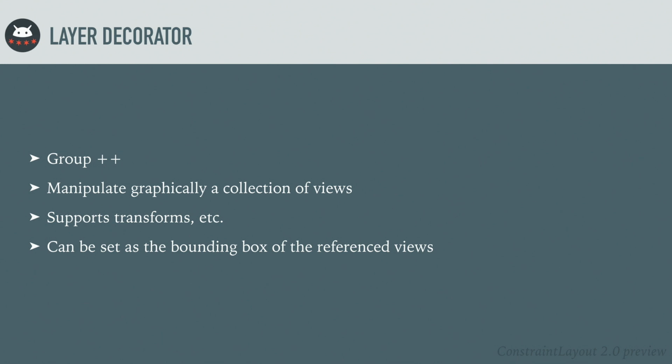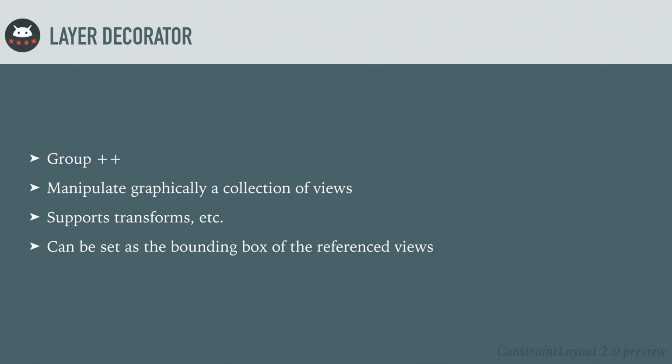So one of the first new decorators that are going to be in 2.2 is something we call layer. And essentially it has an API on it which can manipulate the collection of views post layout.